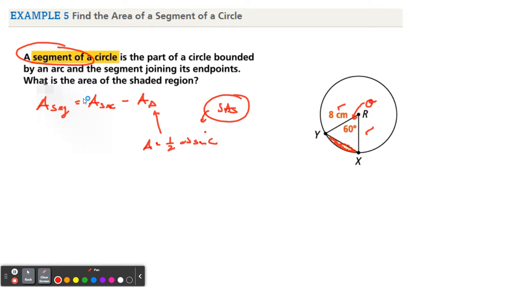I'll put theta there, but angle, and that's side angle side. So when you really use this, it's actually going to be 1/2 r times r, which is r squared, sine of your angle.